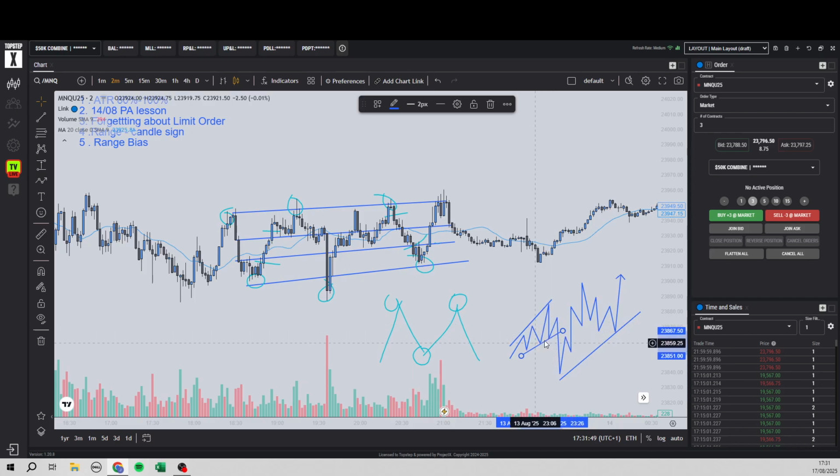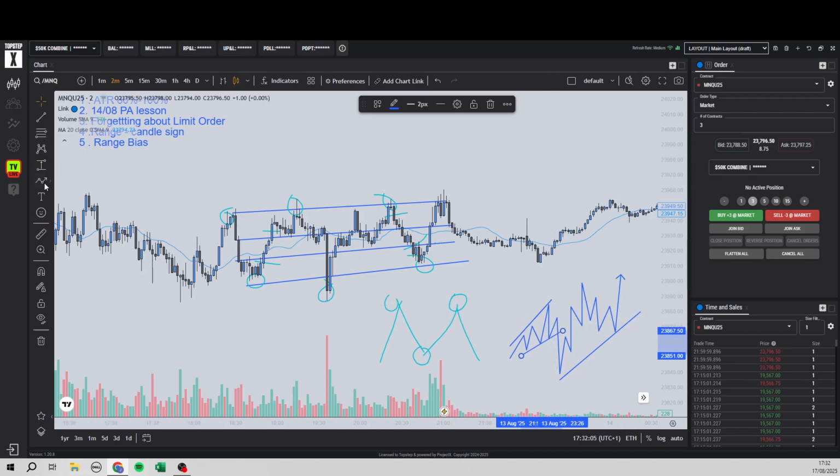But because these are rough estimates of where it should bounce off as resistance or support, it's risky to try to get those exact bottoms and exact tops. It's much safer to take those slices, right?